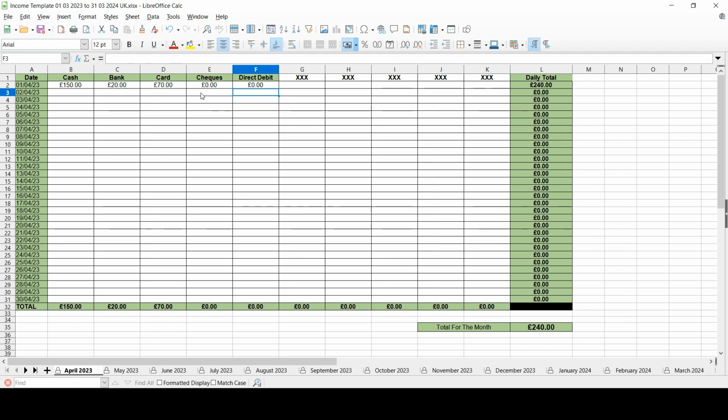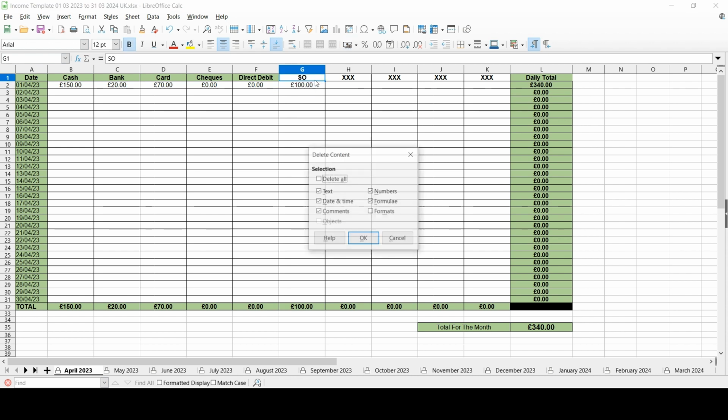According to your business, you can change the following columns from G to K. So you can, for example, remove this and type SO, which is standing orders. So if your business has standing orders, you can change the title here and write £100 if you receive £100 as a standing order.